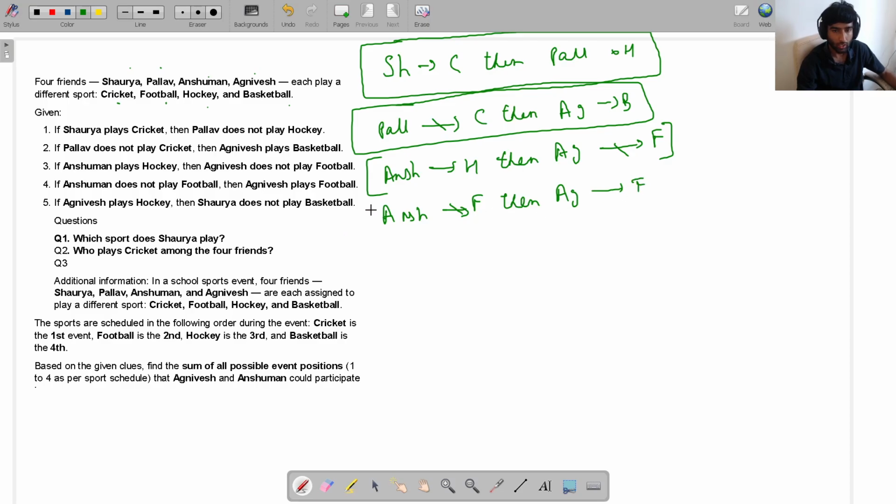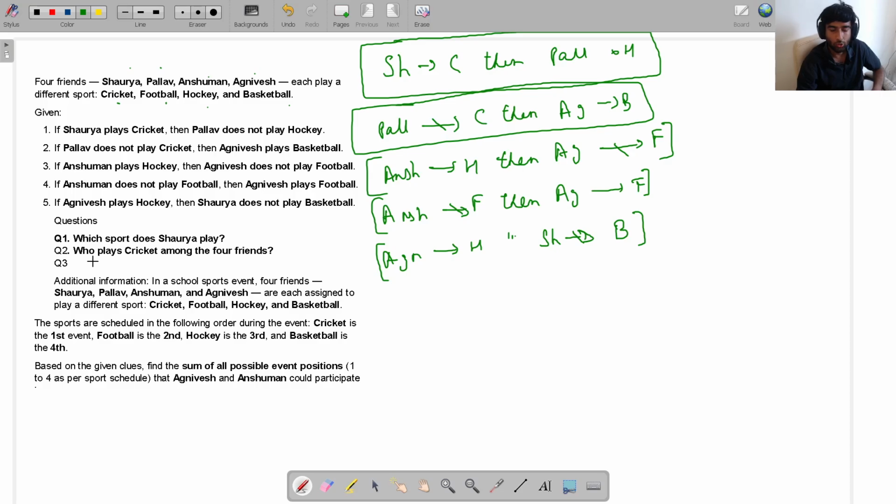And the fifth clue: if Agnivesh plays hockey, then Shaurya does not play basketball. Okay, great. So we have all these five clues listed here, and then we have three questions based on this set.